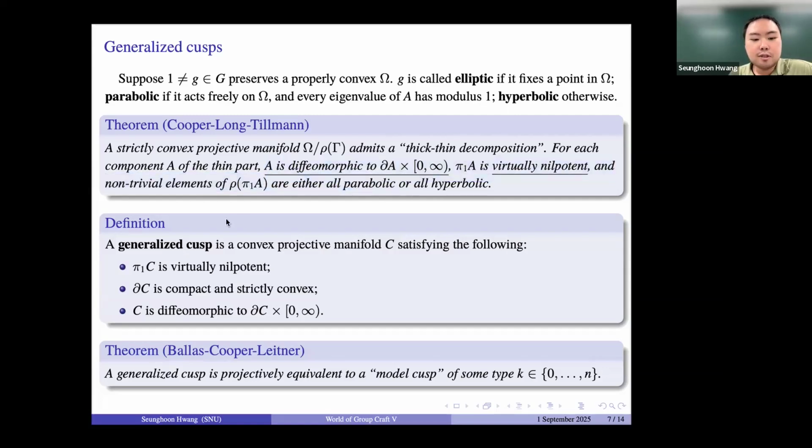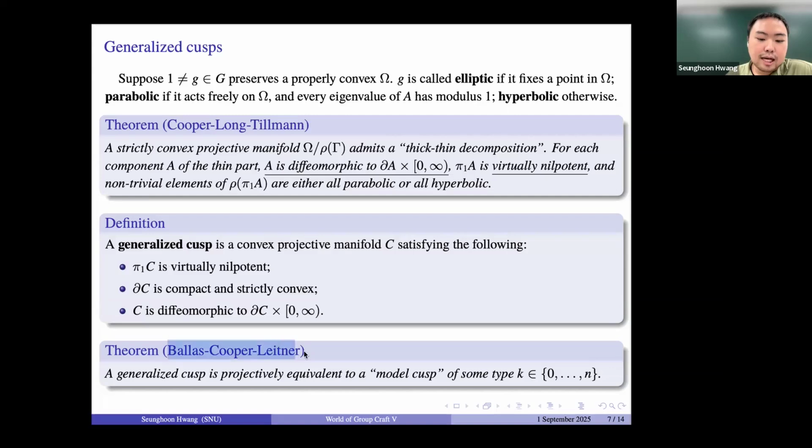This theorem motivates the following definition, which is the definition of generalized cusp. A generalized cusp is a convex projective manifold satisfying the following. It has virtually nilpotent fundamental group. Its boundary is compact and strictly convex, and the manifold is diffeomorphic to the product of its boundary and an infinite half interval.